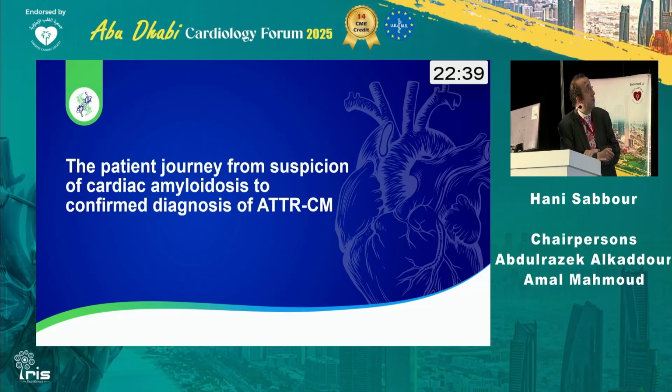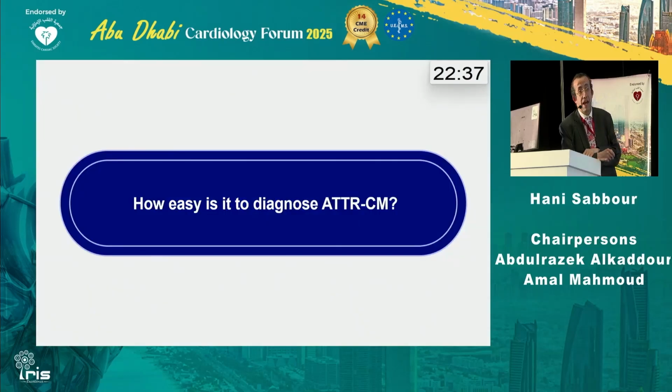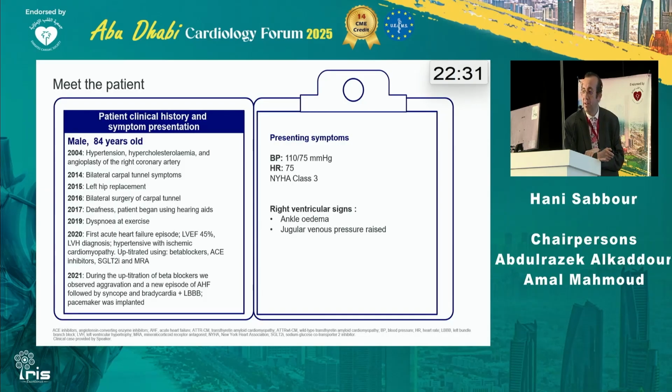So we're going to go from suspicion to actual diagnosis. Is it easy to make a diagnosis of ATTR? Yes, if you think about it. No, if you don't think about it, right? So you have an 84-year-old patient who has a history of hypertension, hyperlipidemia, bilateral carpal tunnel syndrome. Remember I told you this is the real flu. Had a left hip replacement, had another surgery for carpal tunnel again.